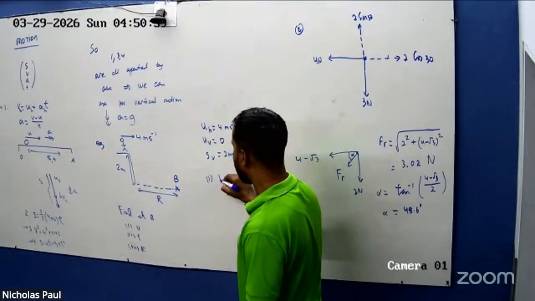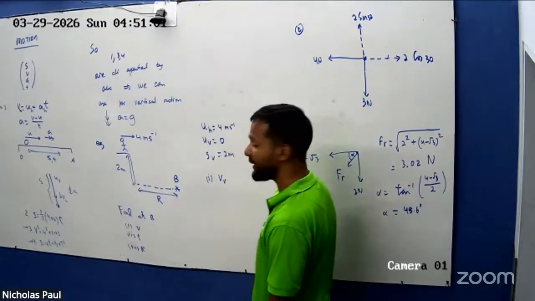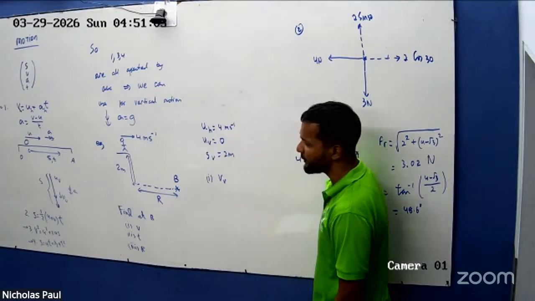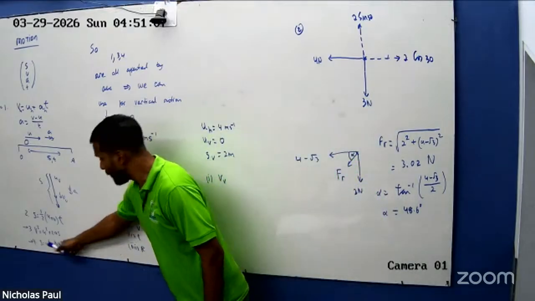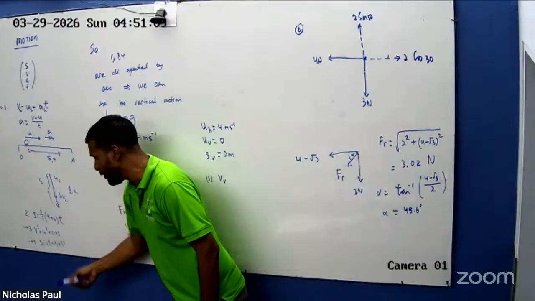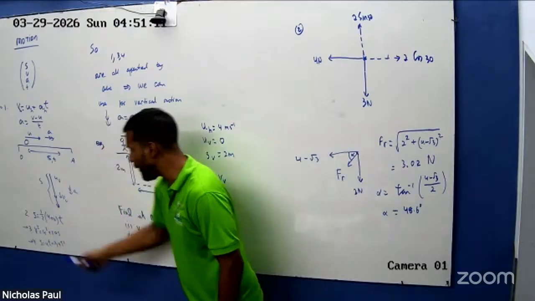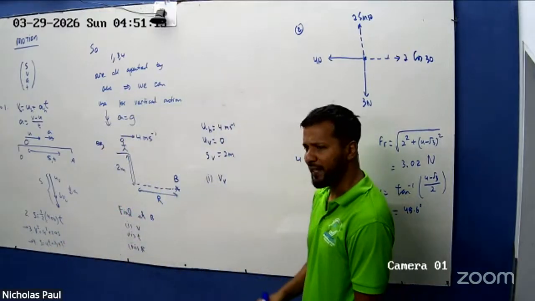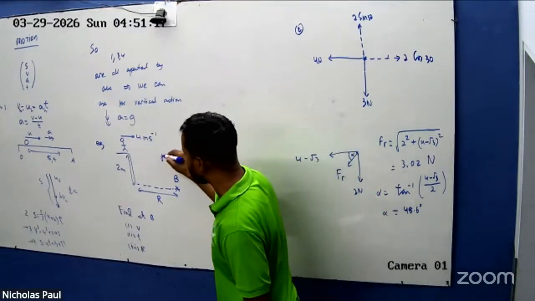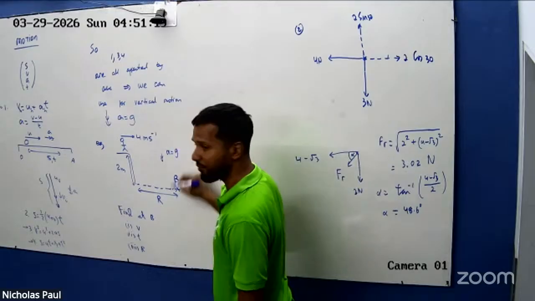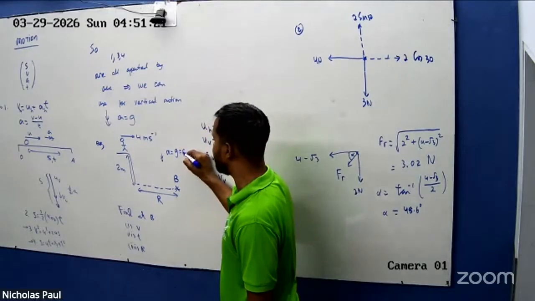We want to get the vertical velocity just before he hits here. Any equation we could use? Can we use equation 3? We want to find V. We know U is 0. We know A and we know S. What would A be? He's going down, right? So his acceleration will be gravity, 9.81.